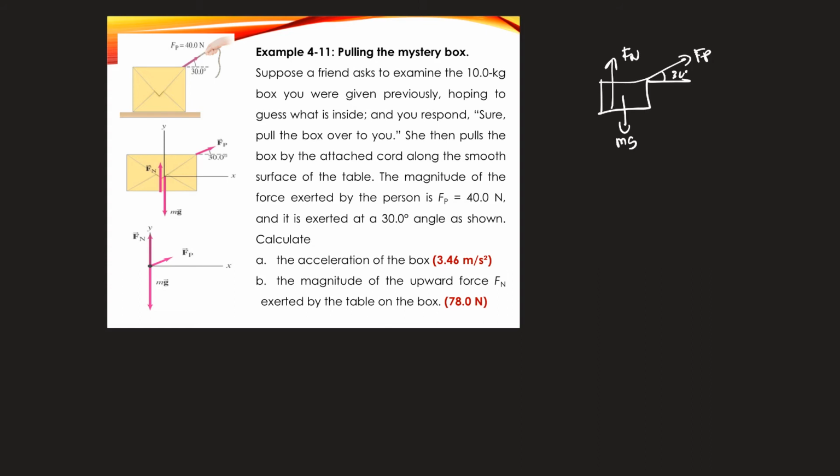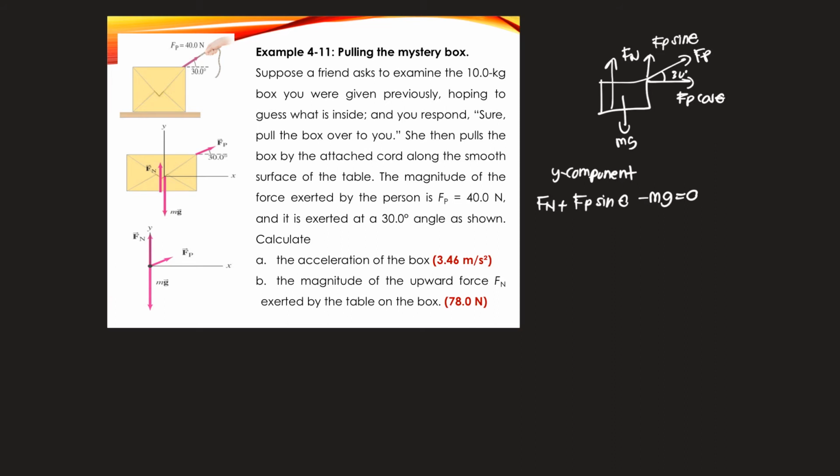Please take note, separate that into components first, which is going to be Fp cos theta and Fp sine theta. For the y component, we need to come up with the equation. You are going to get Fn plus Fp sine theta minus mg equals 0, because it doesn't move in the vertical direction.